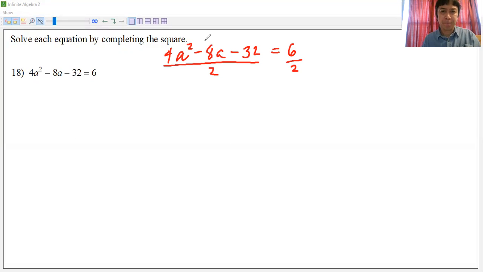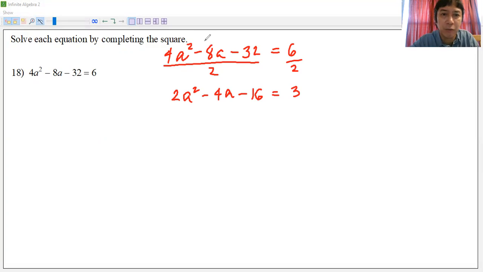Next line, 4 over 2 will become 2a squared. And then 8 over 2 will become negative 4a. And the 32 divided by 2 is negative 16. And the right side is 3. At least we were able to make the numbers smaller. But still, our coefficient for the a squared is not 1. It's a 2.